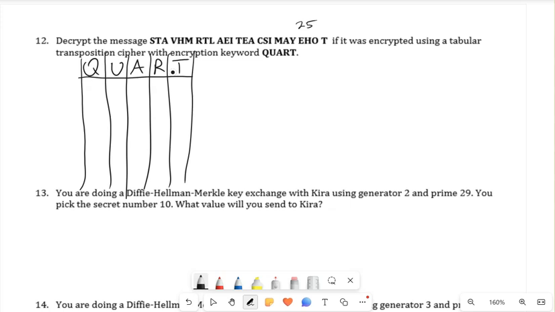There's a total of 25 letters. There are 25 letters, and this table is 5 across, so it has to be 5 down. We now have a table that's the correct width because of the keyword quart and the correct height because of giving us 25 letters.